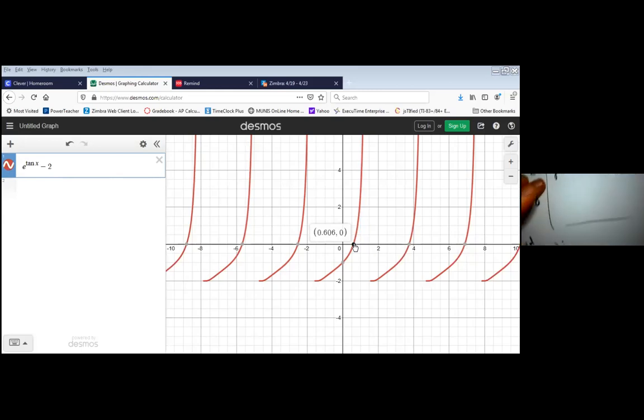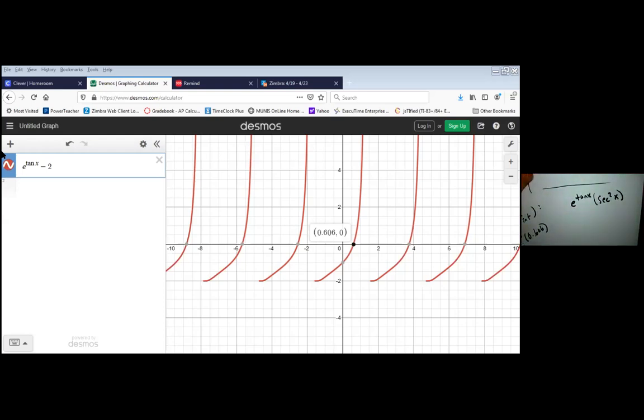So you are looking for f prime of 0.606. So what is f prime? First off, the derivative would be e to the tangent x, that minus 2 is gone, e to the stuff times stuff prime. What's stuff prime? The derivative of tangent is secant squared, right?